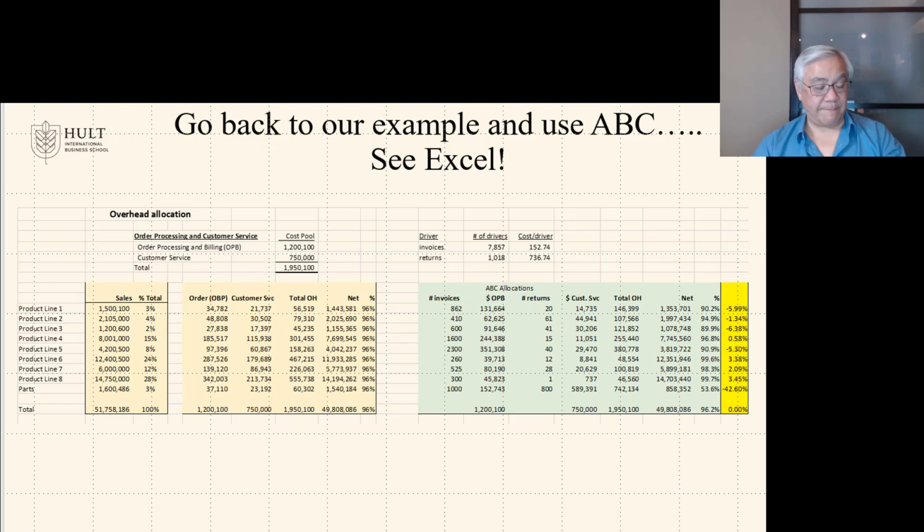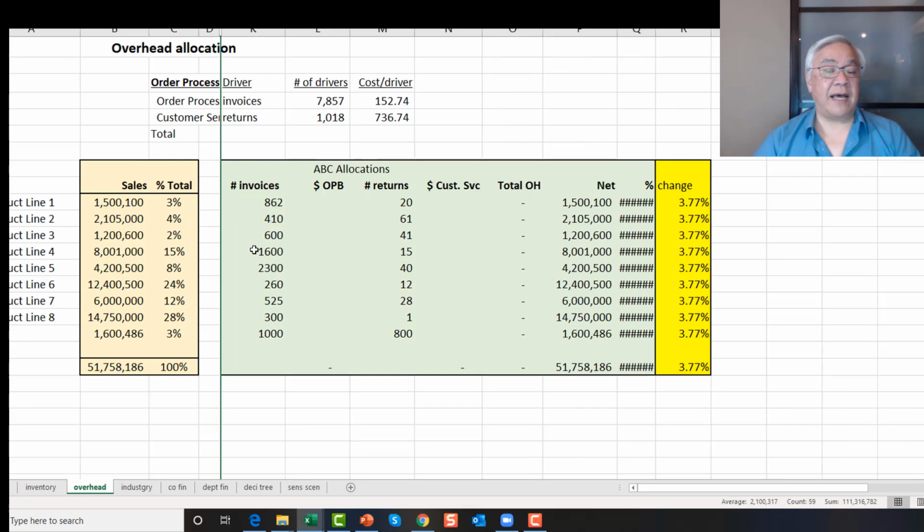So we'll go back to Excel. So now we have still the same sales. We have still the same amount of costs, but instead we're going to base it on the drivers. So again, we have a cost pool. In this case, order processing is a pool. And then we have the total cost, which was $1.2 million.